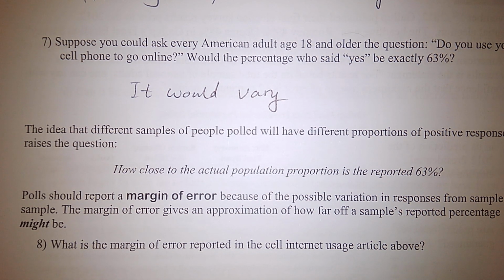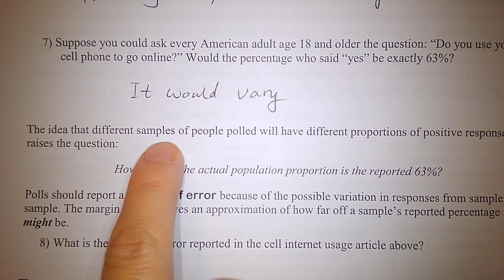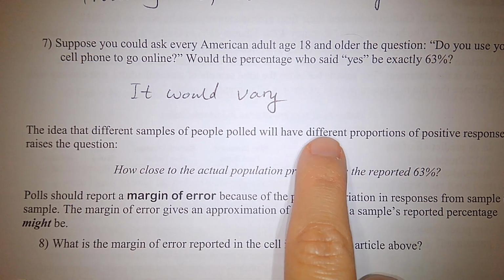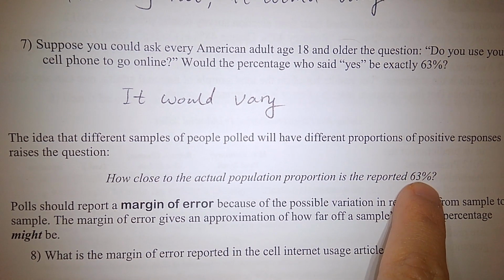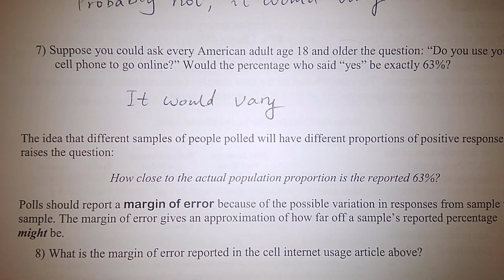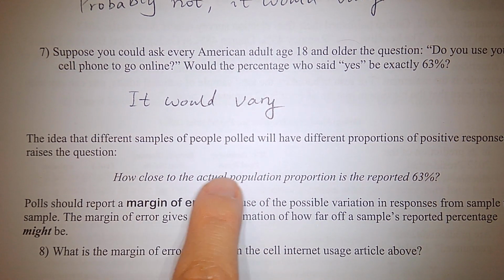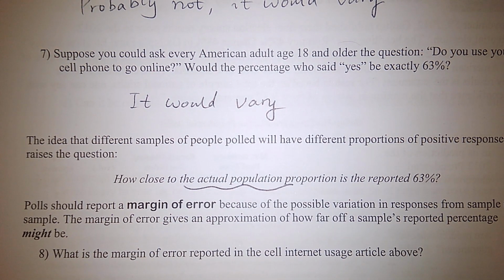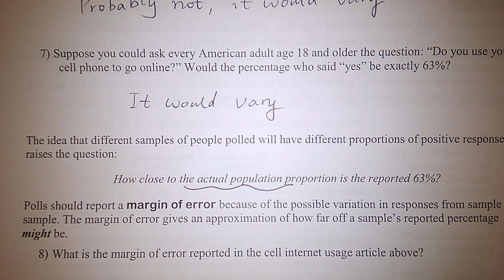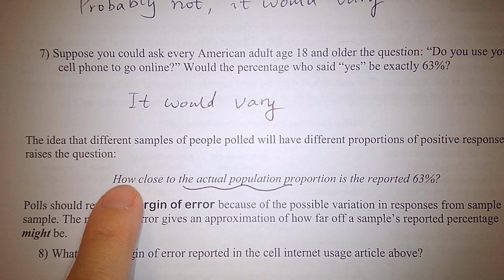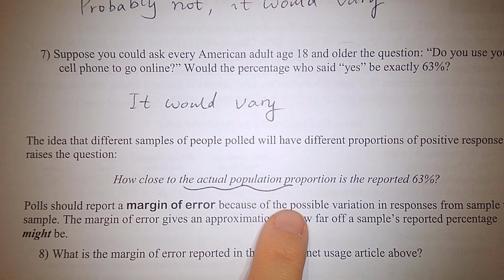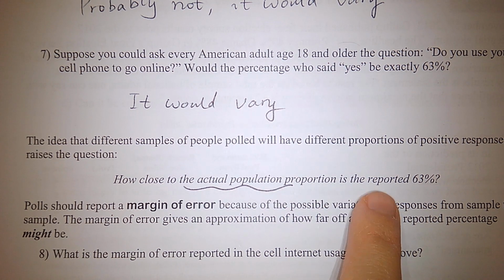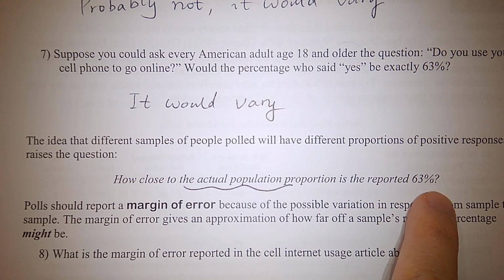If we find another sample, it may give us 65%. So different samples give us different percentages. But how close is it to the actual population, meaning American adults who are cell phone owners? So how close to the actual population proportion is the reported 63%?